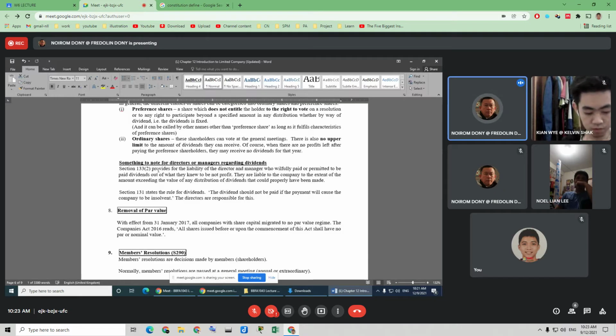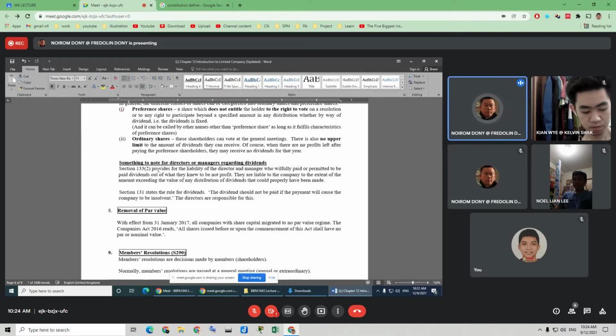They are liable to the company to the extent of the amount exceeding the value of any distribution of dividend that could properly have been made. Because the management decides the amount of dividend, this refers to the directors and managers.